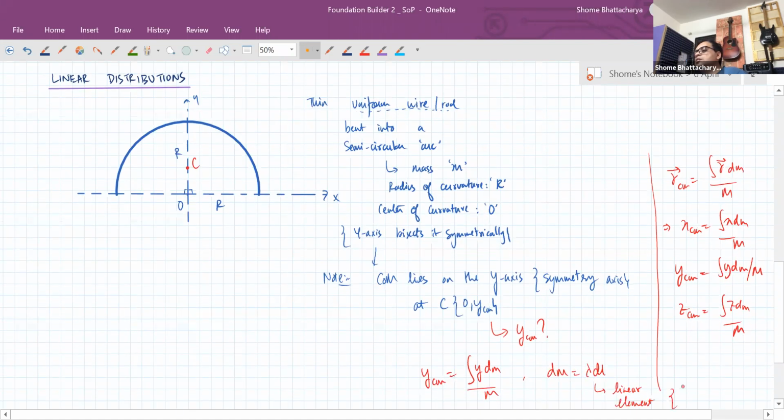Why? Because the bent rod is a linear distribution of mass. It's not a surface or a three-dimensional volume, but mass is distributed over a certain length. This is like the perimeter of the semicircle.